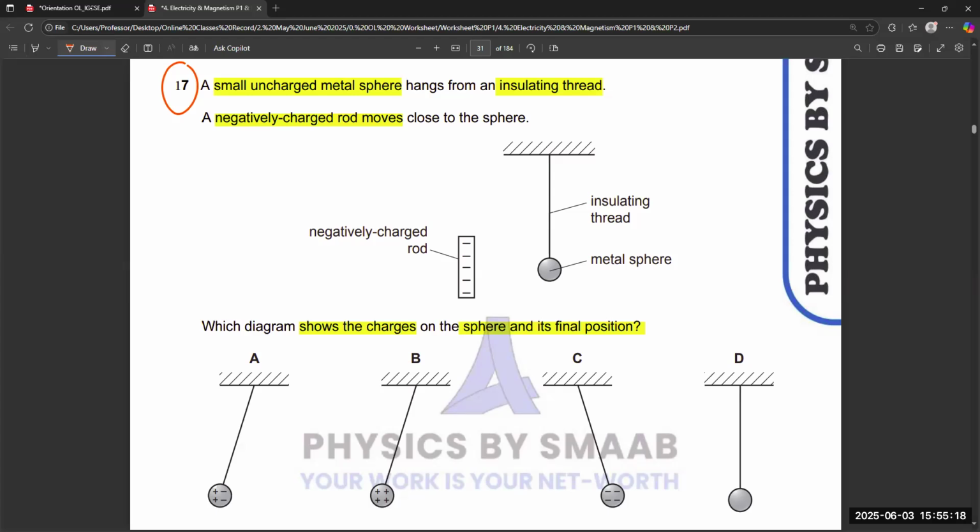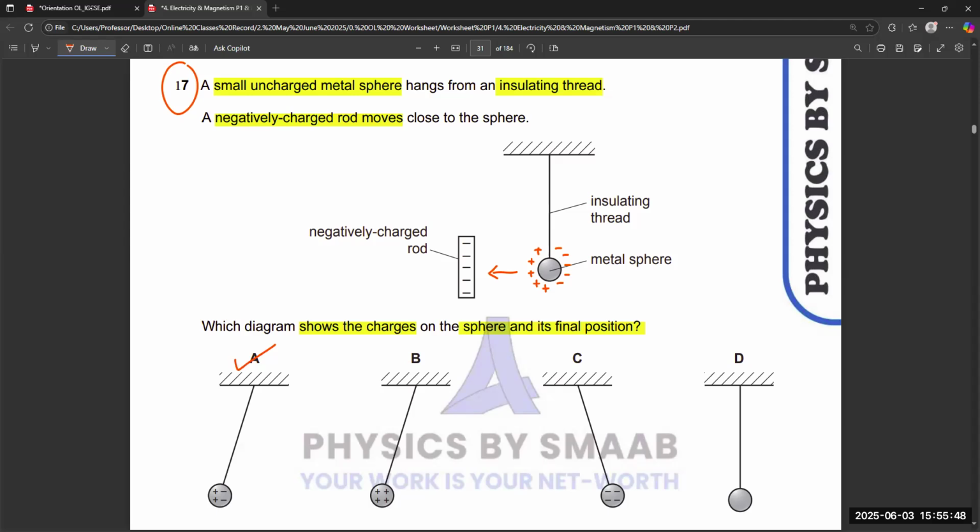So we have a small uncharged metal sphere. Definitely positive charge will be attracted towards the negative rod, and negative charge will be on the other side. So this metal sphere is attracted towards the rod, and it moves towards the left hand side. So it will be option A.